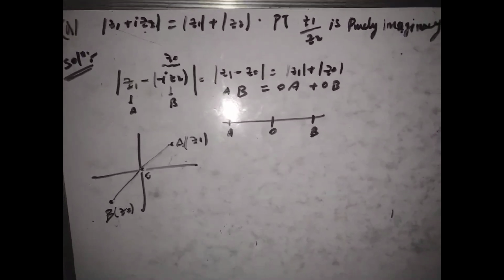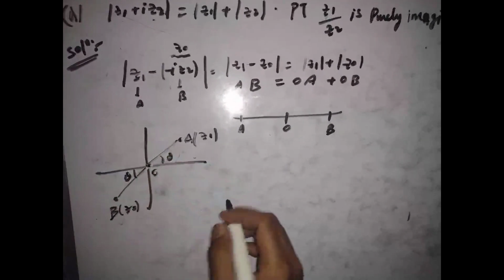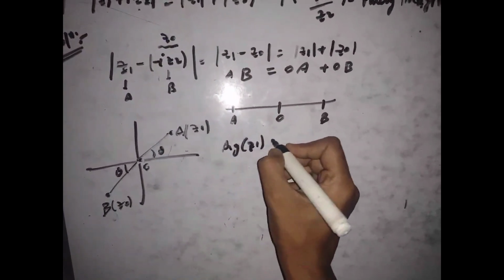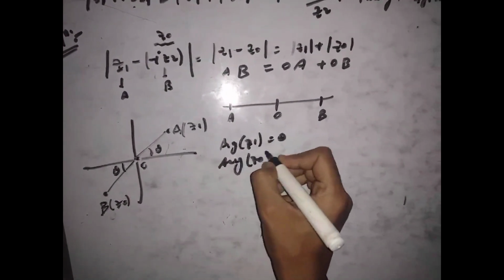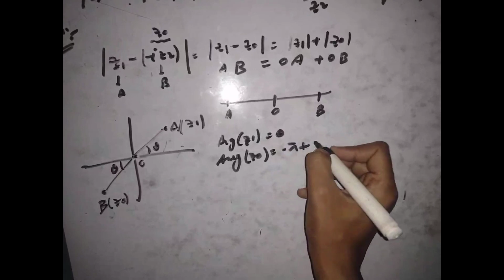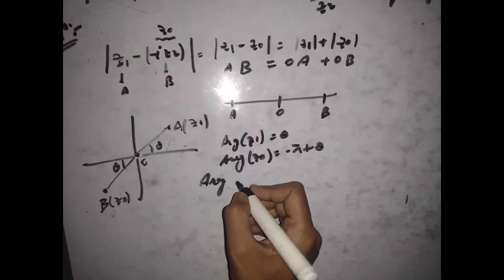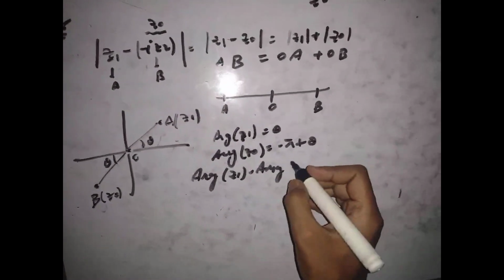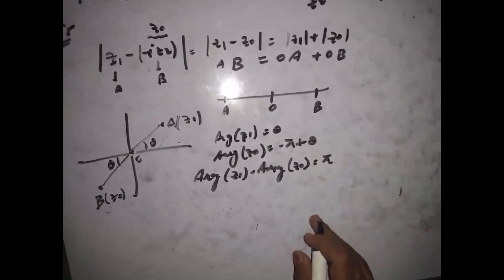So we can see that if this is theta, this is also theta, so argument of Z1 is theta, and argument of Z0 is minus pi plus theta. Again, we will subtract these two arguments, and we can write the argument of Z1 minus argument of Z0 equals to pi.